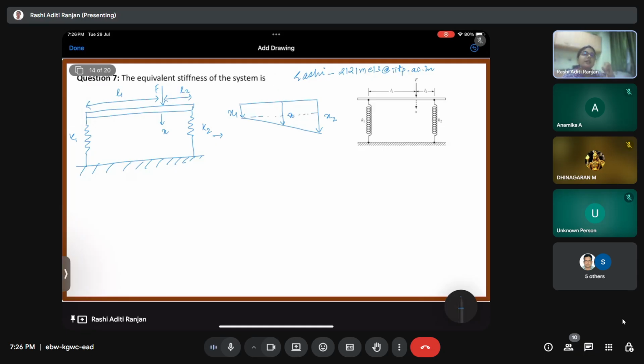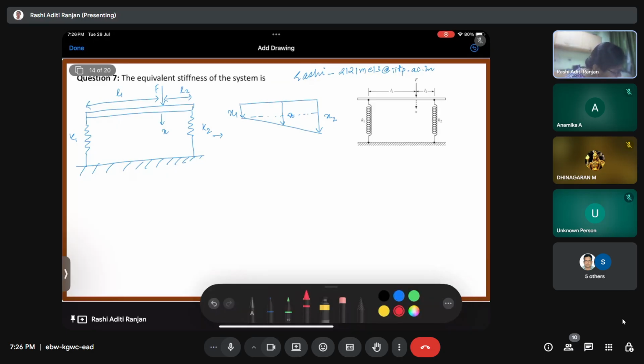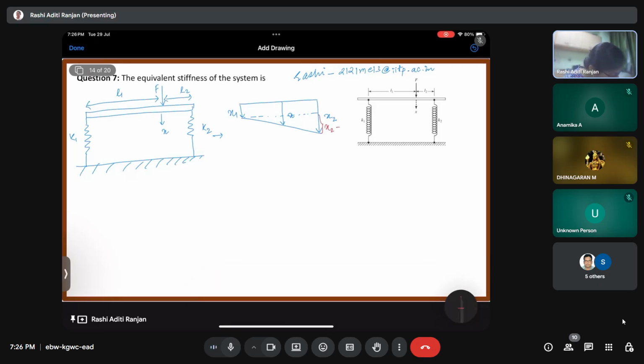So by similarity of triangles, what do I get? I get this as x2 minus x1. I get this as x minus x1. This is L1.